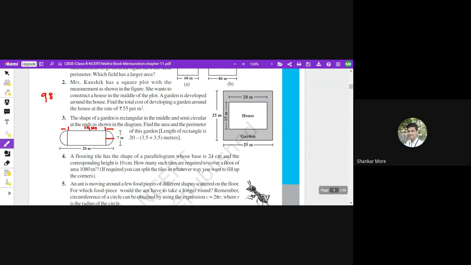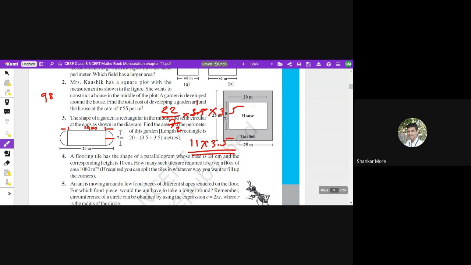Isn't it? So करो. Pi is nothing but 22 divided by 7 into 3.5 into 3.5, right? So 11 into 3.5 ऐसा कुछ तो आएगा. 38.5.